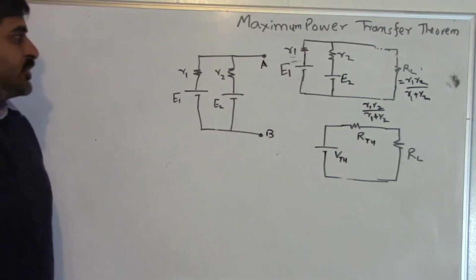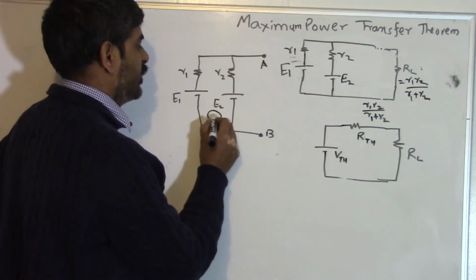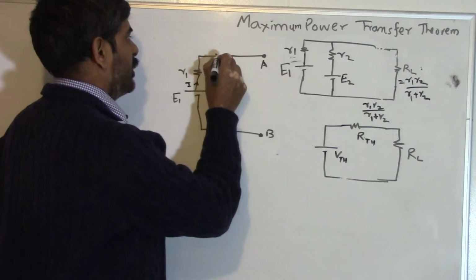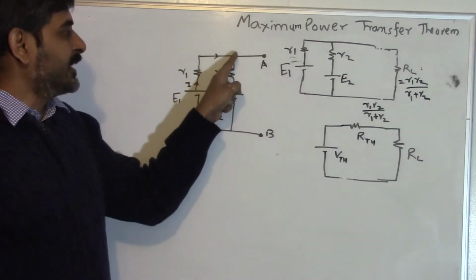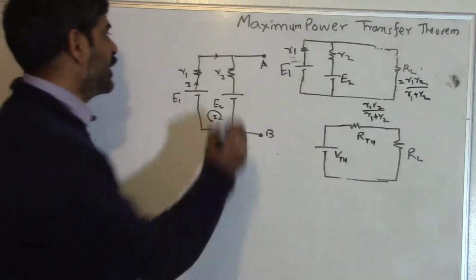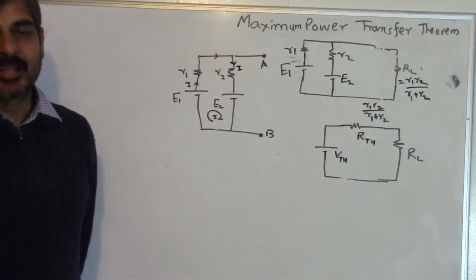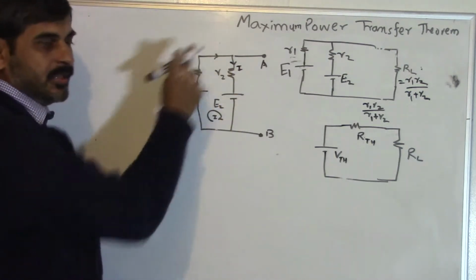To do that, we set up a loop. Let us say a current I is flowing in this circuit. Because this is an open circuit, this current cannot go over here, so the whole current I returns through this loop. We can apply Kirchhoff's voltage law in this loop.